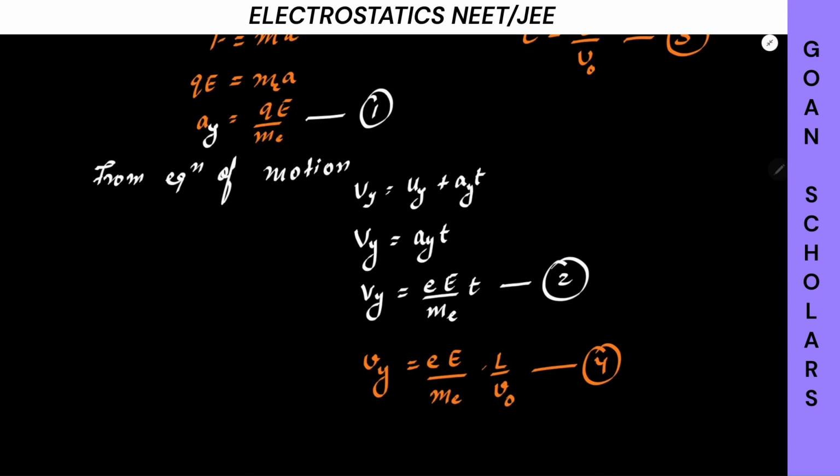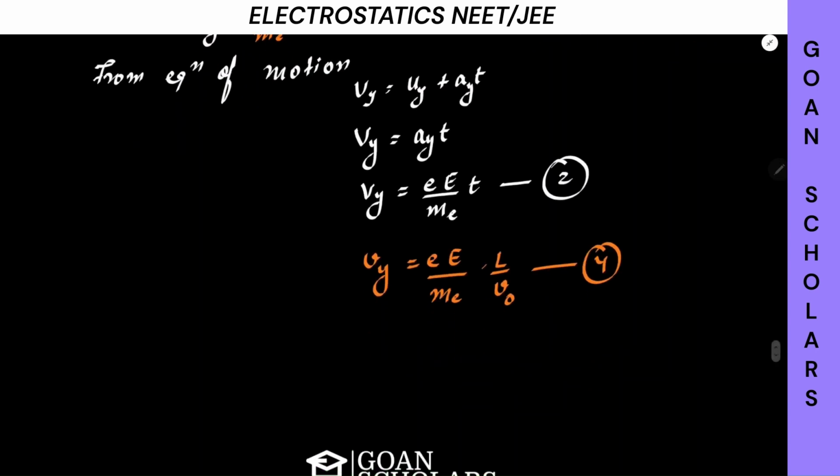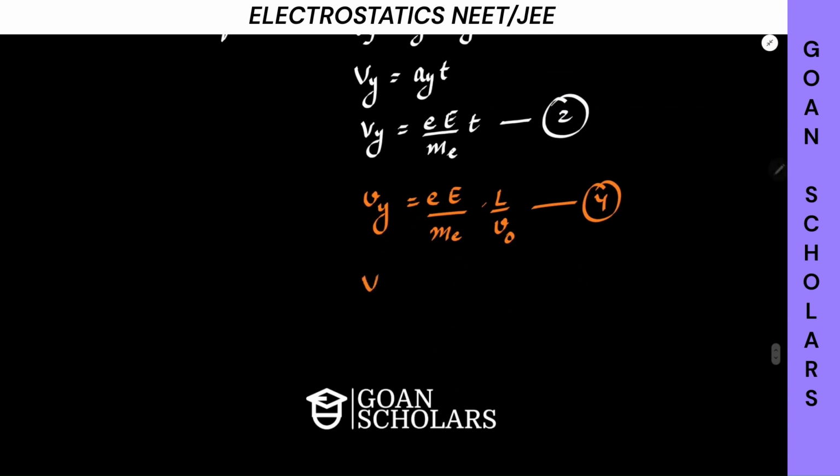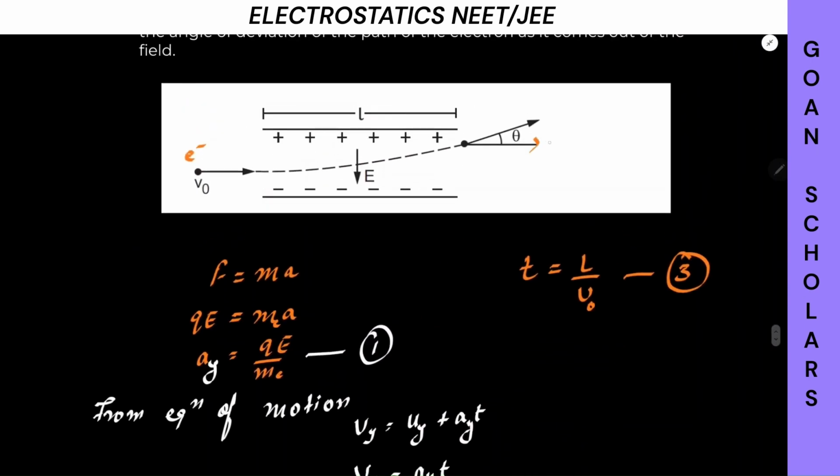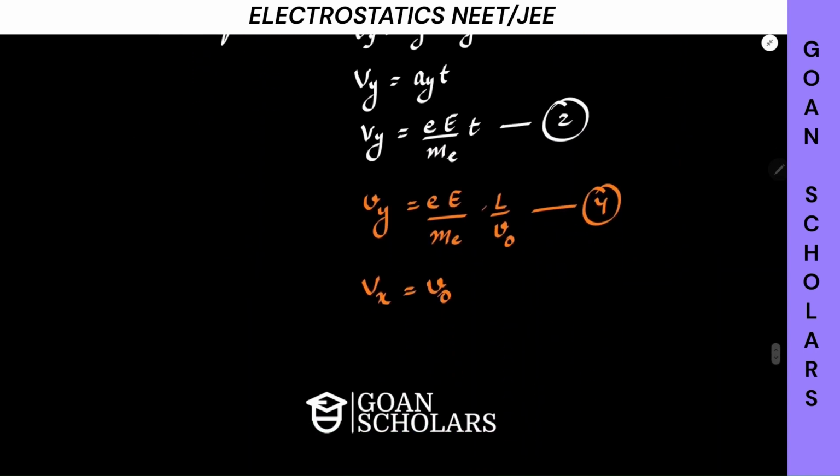Now this is our velocity Vy. What's our velocity along the x-axis? Vx is v0. So theta we can find at any point. tan theta will be the ratio of both Vy and Vx, which we know from projectile motion from last year, 11th standard. So tan theta is Vy upon Vx, the ratio of velocity along the y-axis and x-axis.